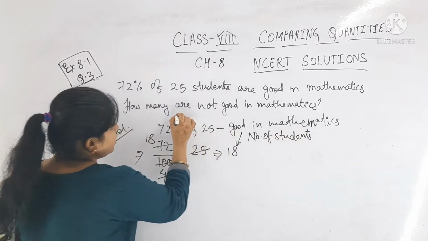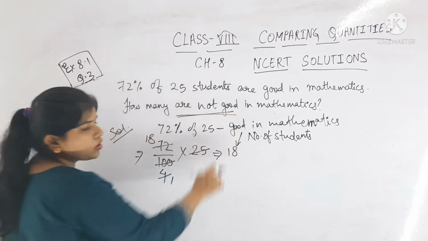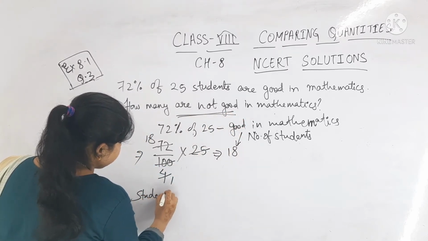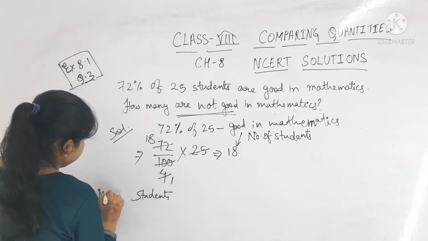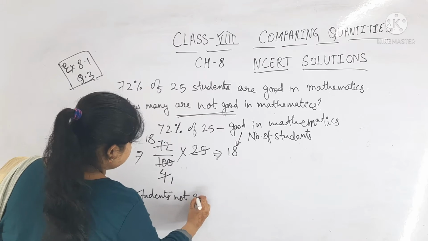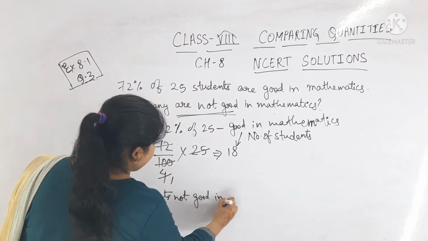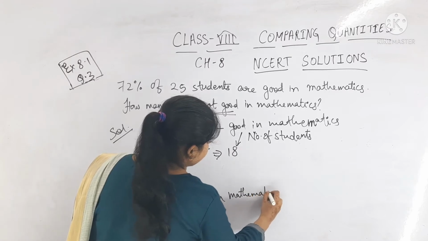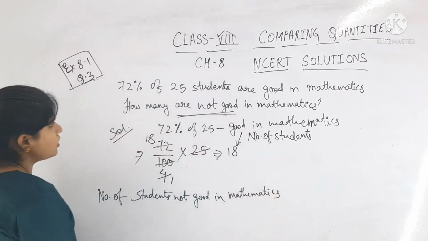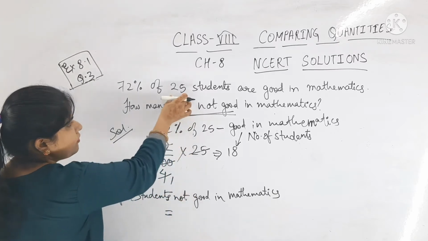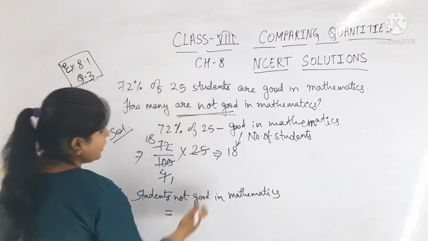But here it is asking for not good in mathematics. So students, the number of students not good in mathematics, right? So here you can write this 25 is the total number of students.